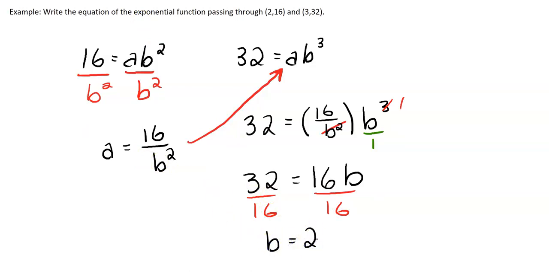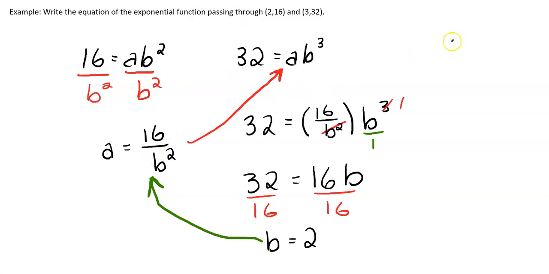Now here's the case where I finally get to use step 5. I got to plug this b equals 2 into this guy over here. So this is going to go over here, and that's going to tell me what a is.